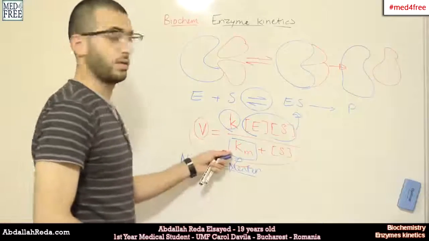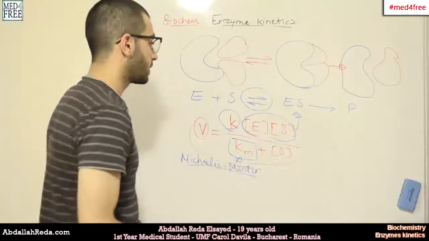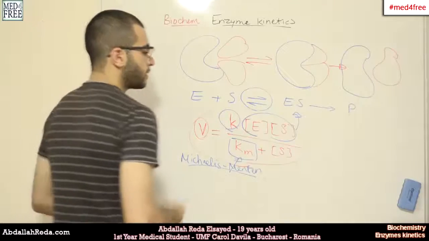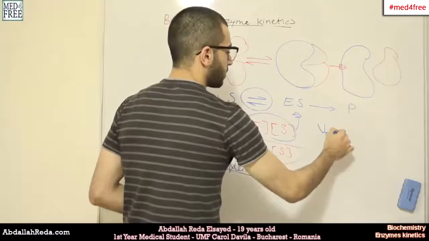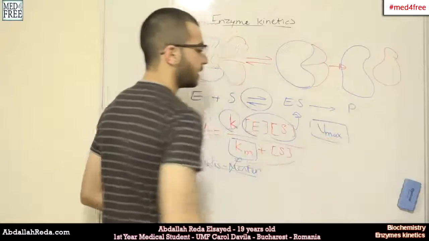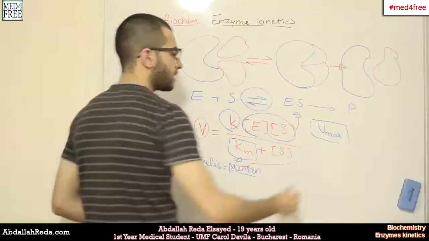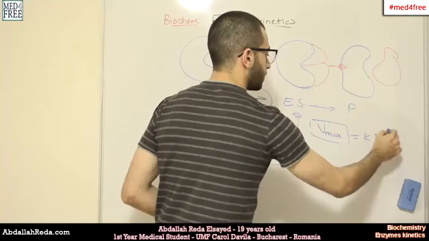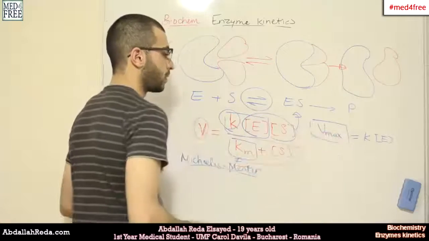So it's their constant, and this is the substrate. And there's another term in this equation called the Vmax, which is the maximum velocity that the reaction could reach. And this Vmax actually equals k multiplied by E.